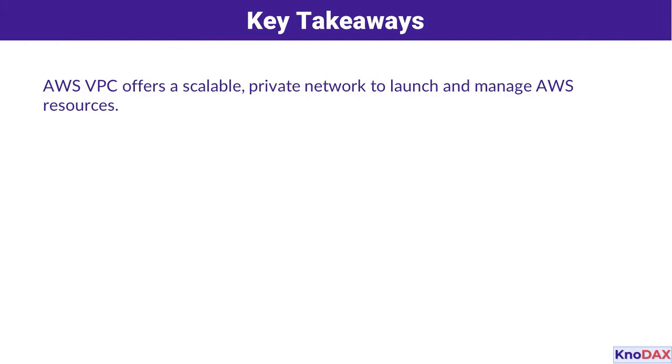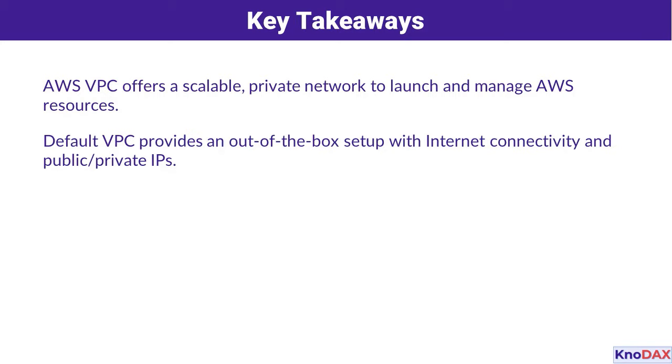Let's summarize the key points about AWS VPC. First, AWS Virtual Private Cloud, or VPC, provides a scalable and private network environment for launching and managing your AWS resources securely. Second, the Default VPC offers a ready-made setup that includes internet connectivity, public and private IP addresses, and essential networking components, making it a great starting point for beginners or quick deployments.